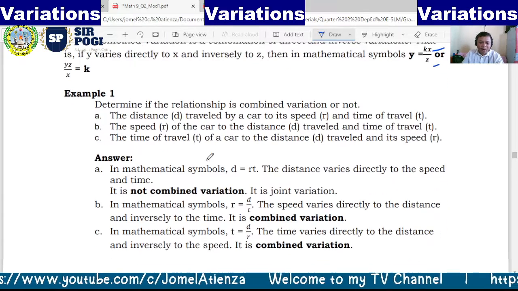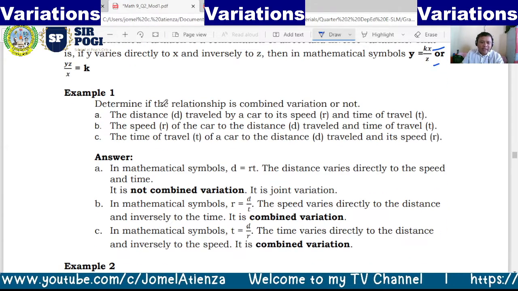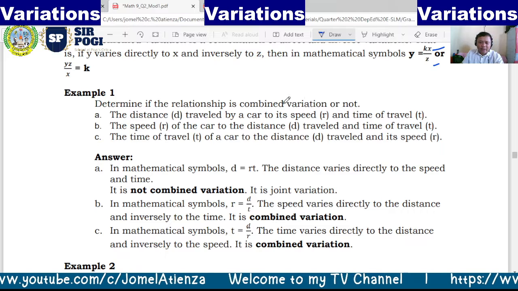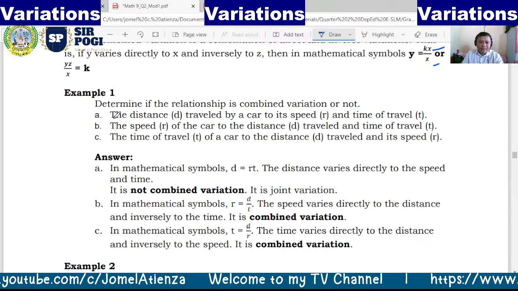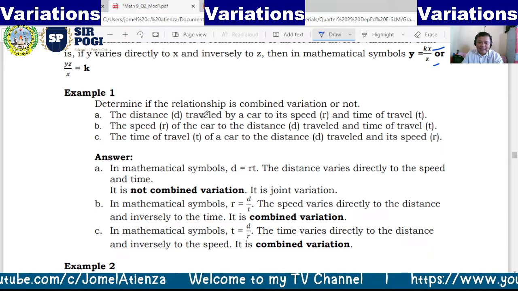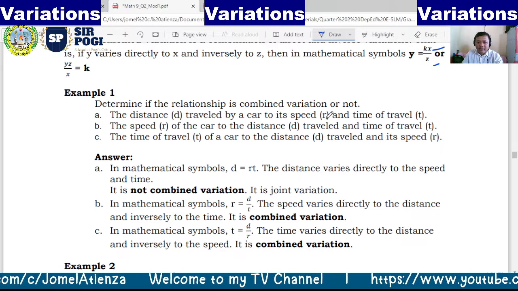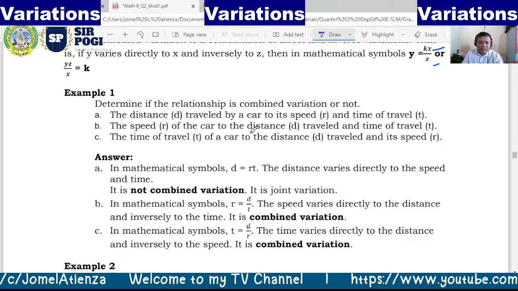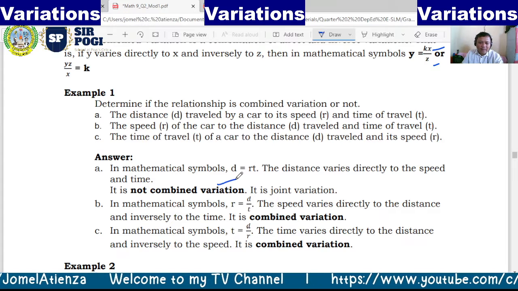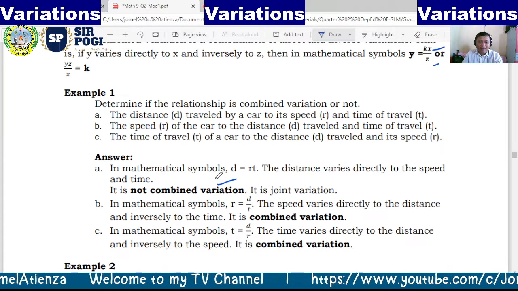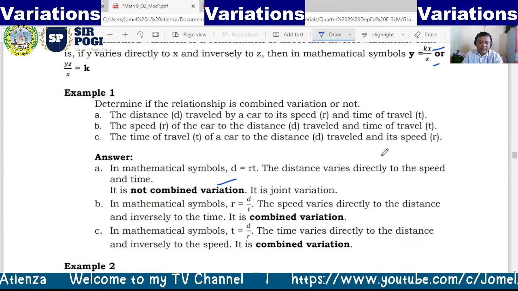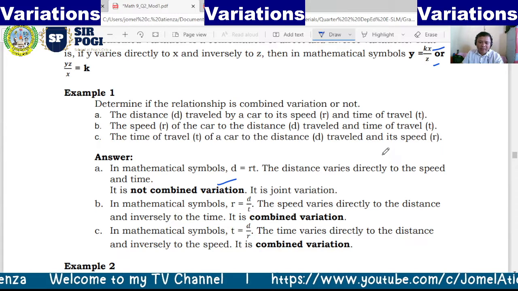So for example, determine if the relationship is combined variation or not. The distance d traveled by a car to its speed r and the time traveled t. So that is not combined variation, and it is a joint variation lang po.